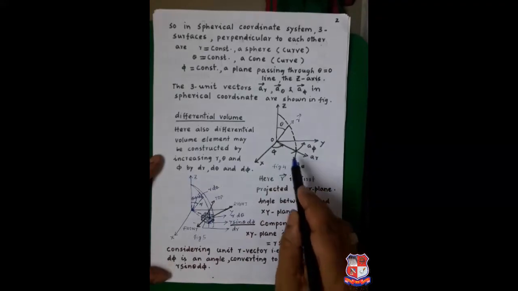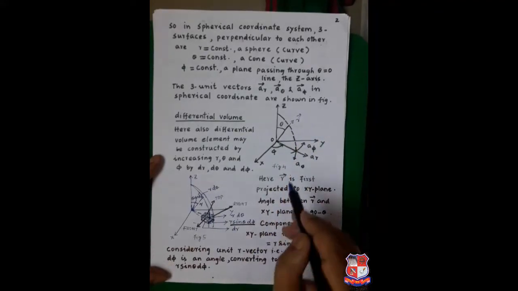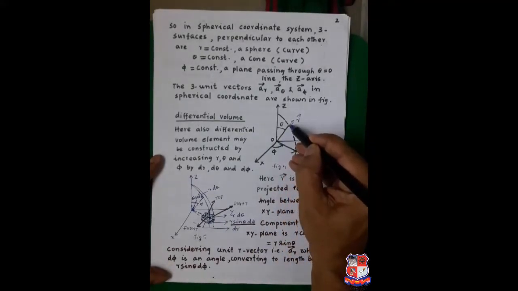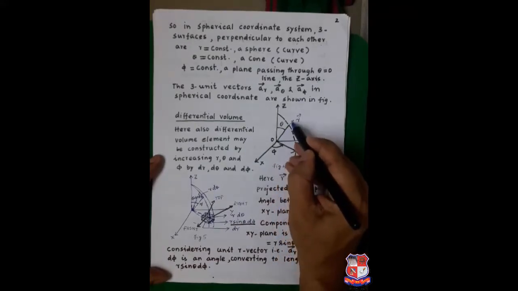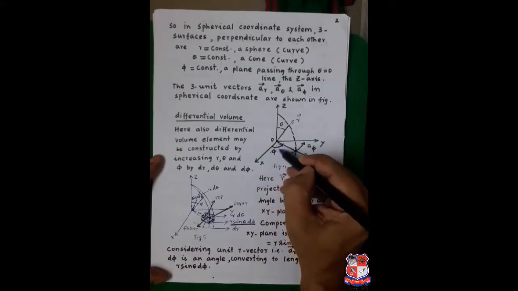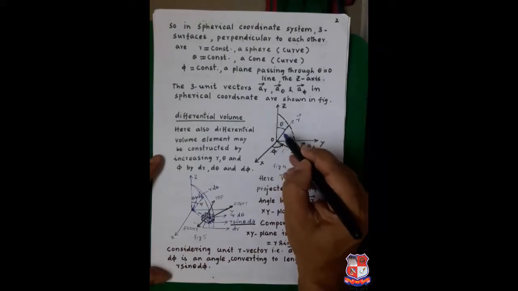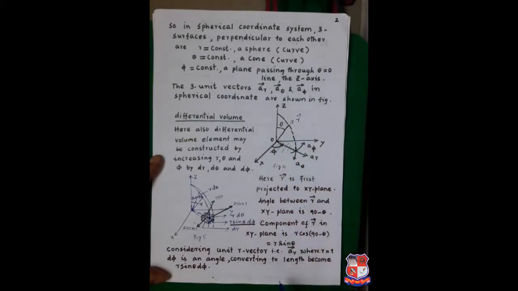First we have to project the r vector into the xy plane. We can see this is your r vector. So what is the angle between the r vector and the xy plane? This is your xy plane. The angle between the r vector and the xy plane is 90 minus theta, because the angle between z and r is theta. So this angle will be 90 minus theta.